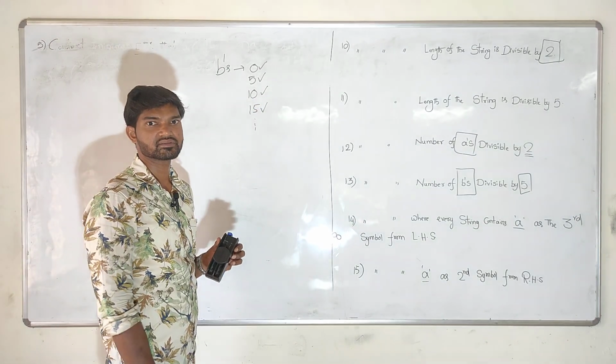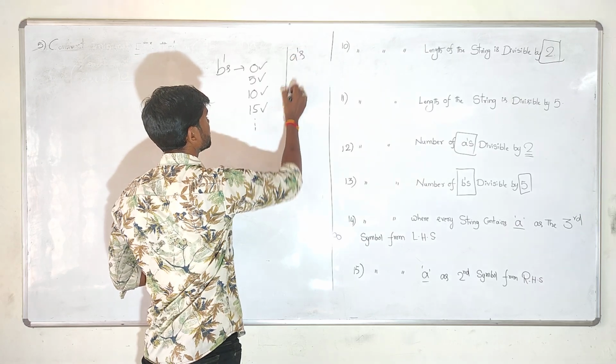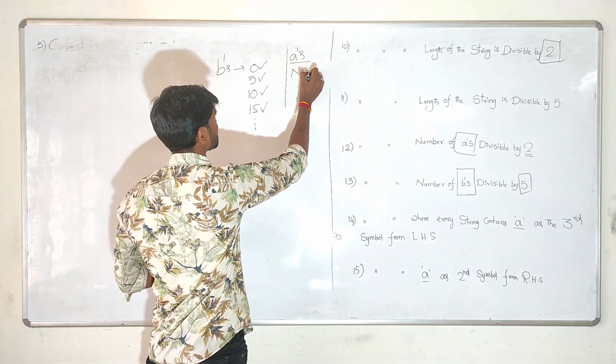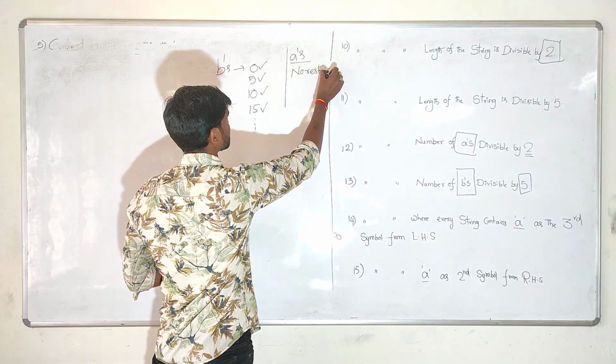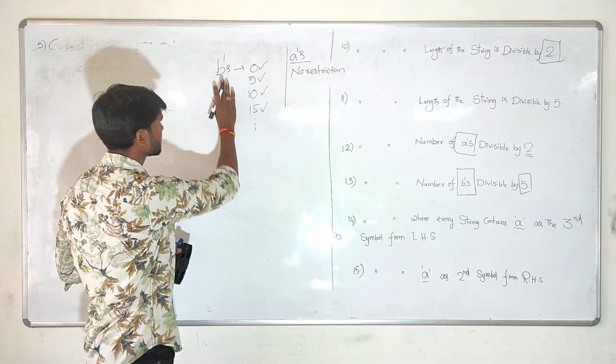But there is no restriction on A's. An infinite number of A's is okay for us. So he restricted only the B's.